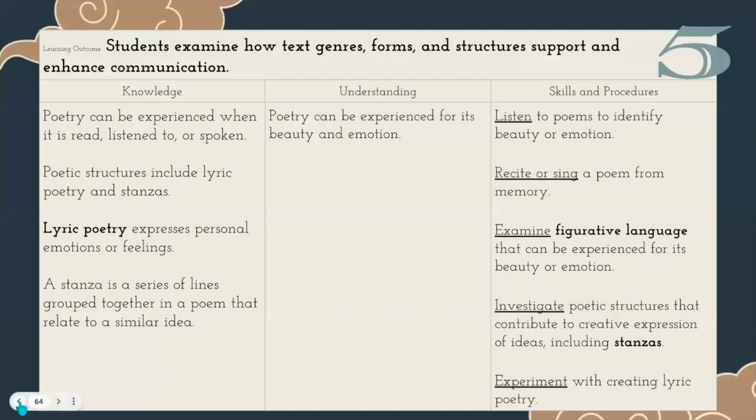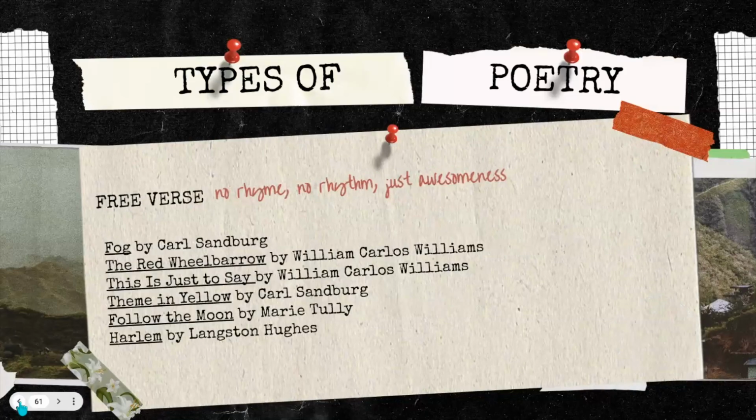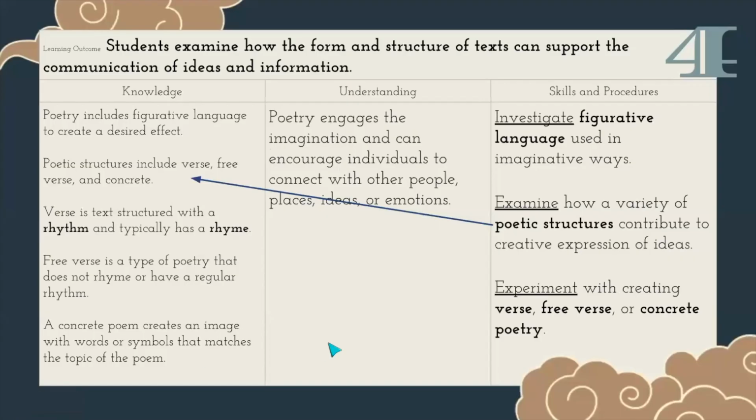Thinking, of course, when it comes to this particular idea, is how does this particular form, so if we're looking at a concrete poem and the poem takes the shape of the idea, how does that engage our imagination? And how does it help us connect to other people, places, ideas, or emotions? So the understanding can be used to help build out questions that you use to have conversations with your students.